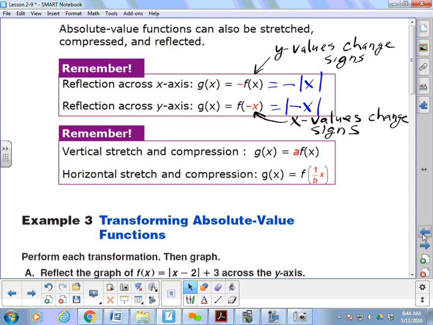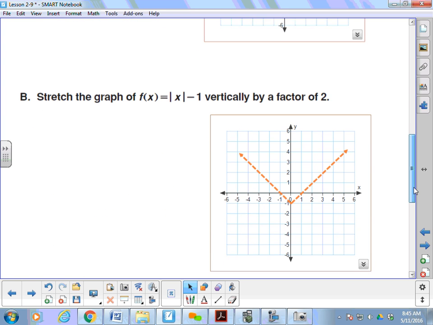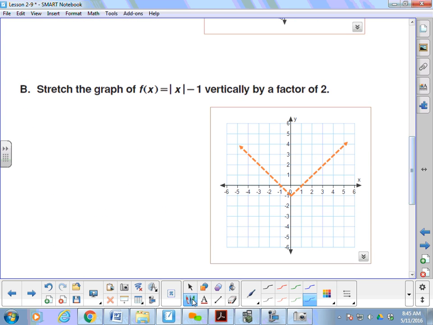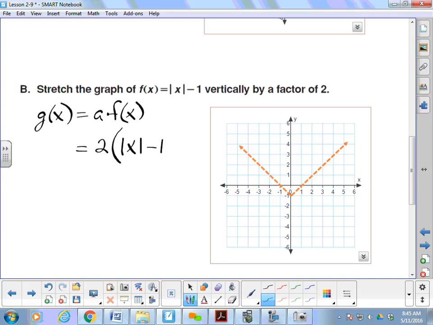When it's a vertical stretch, that means that g of x is equal to a times f of x. In this case, we're going to do 2 times the whole function.